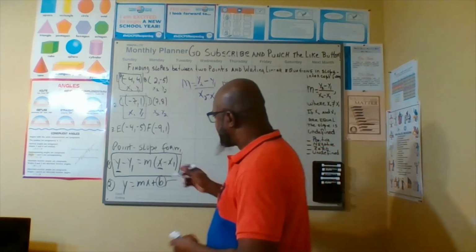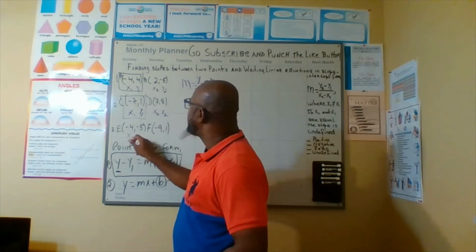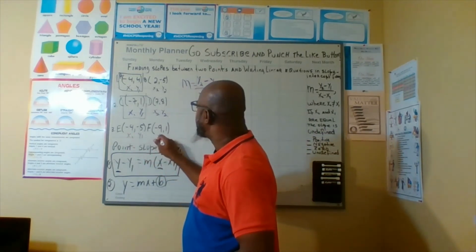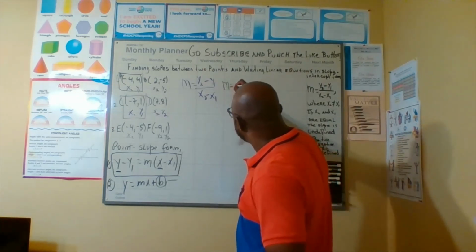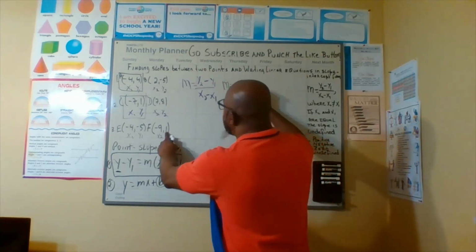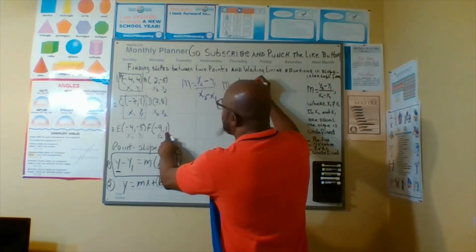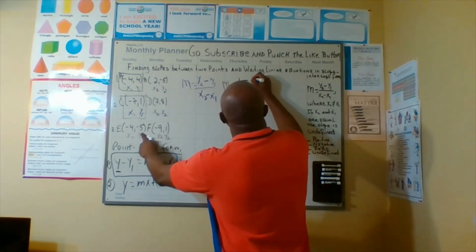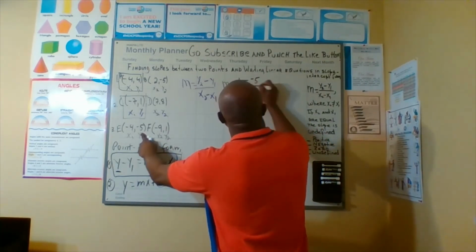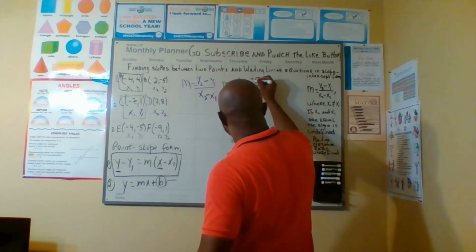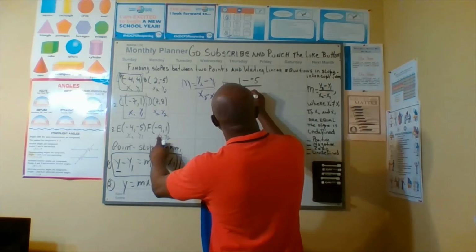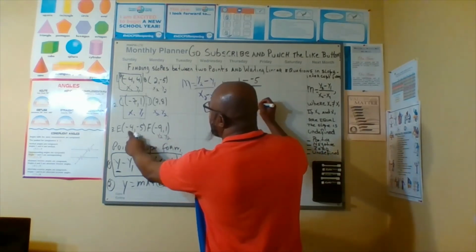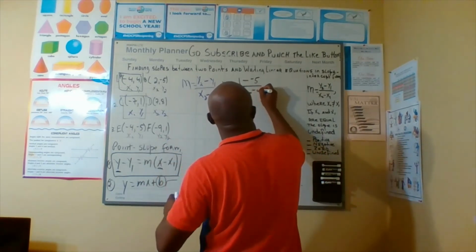All right, let's find the slope. This is x1, y1, x2, y2. Remember this slope is m equal, my y2 is 1 minus 5. All right. Remember this is part of the formula, and 5 itself is negative. X2 is negative 9 minus 4.